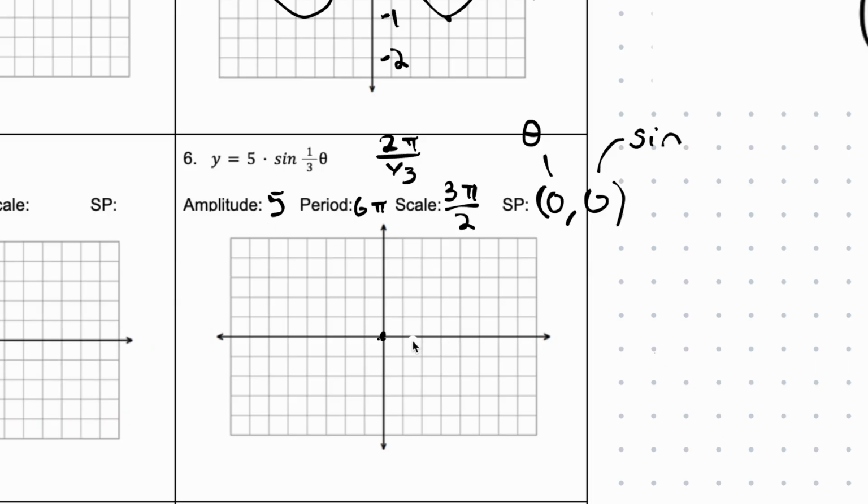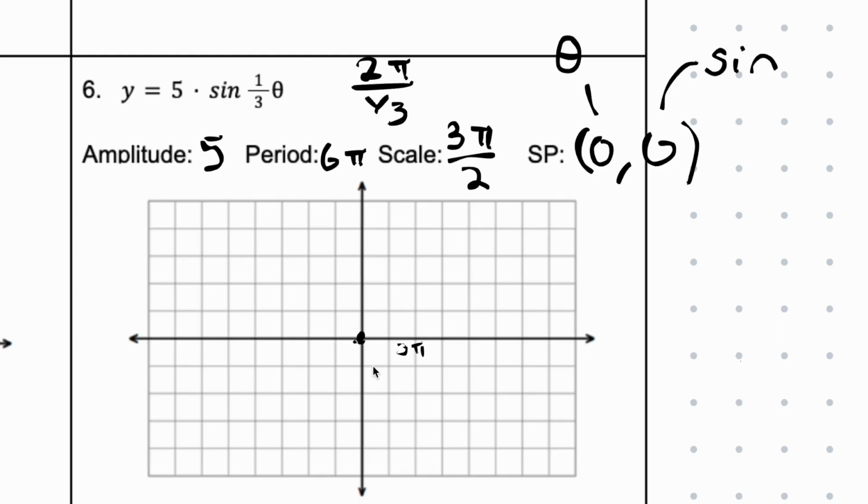So here we're going to have 3 pi over 2. Let's zoom in a little. 3 pi over 2. Here we're going to have that times 2. So we're going to get 3 pi. Here we're going to have this next point. We're going to basically multiply this by 3. So we're going to have 9 pi over 2.